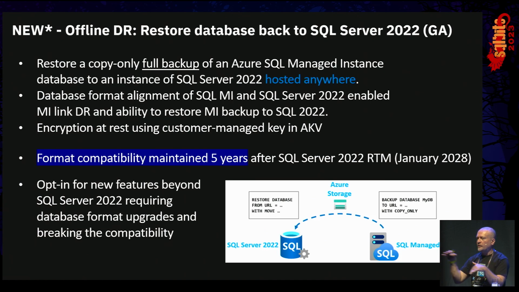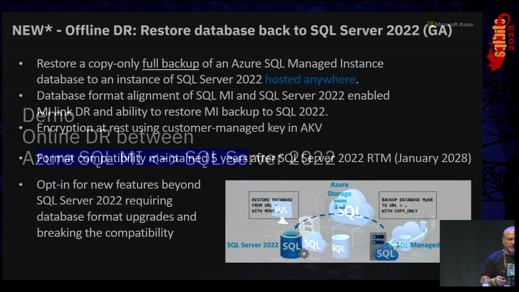Then you'll break the compatibility, and you will have the latest and greatest features. At that point, you will need to wait for the next release of SQL Server to be able to go back if you want to. But it will be a decision depending on your needs.